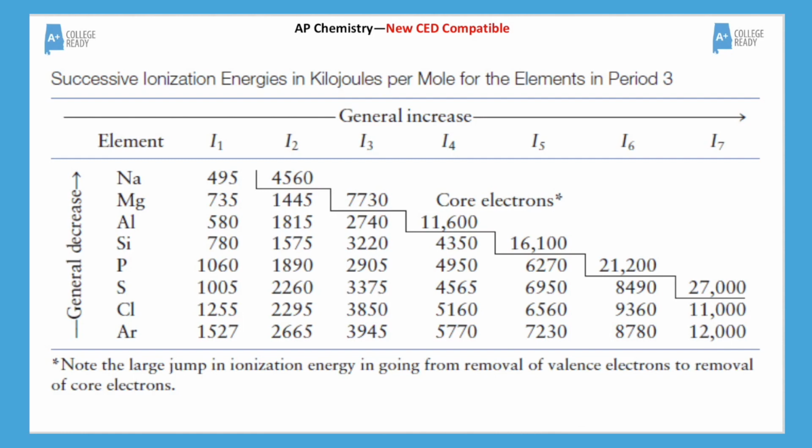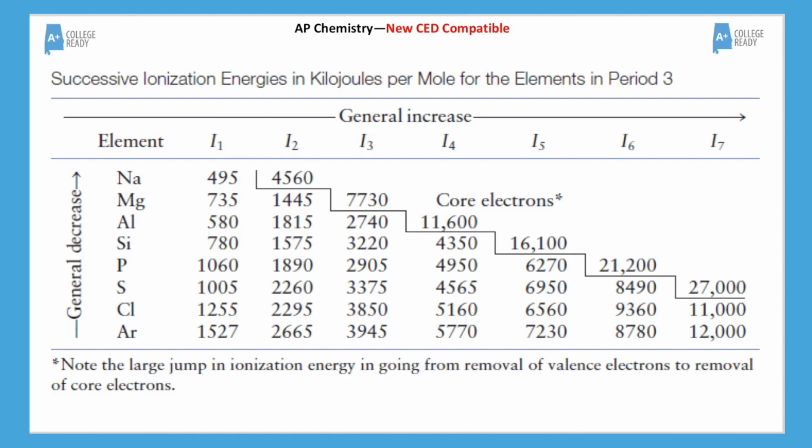Now, when we're talking about ionization energy, and we really talked about this with PES, these ionization energies could be numbered, as you see here. A lot of times they'll be IE1, IE2, but this textbook just said use I's. But notice the number refers to which electron you're removing.